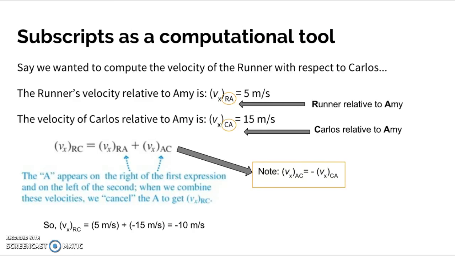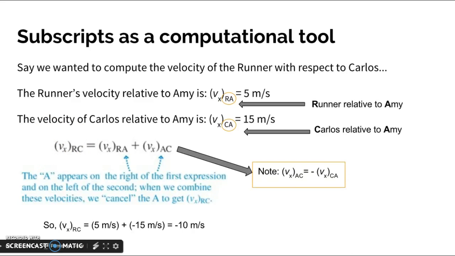Let's say we wanted to compute the velocity of the runner with respect to Carlos. The way we would do that is use an intermediate transition, so to speak. If you skip down to the equation here, this is the velocity of the runner with respect to Carlos. That's what these subscripts mean: runner with respect to Carlos. We're trying to find the velocity of the runner with respect to Carlos.